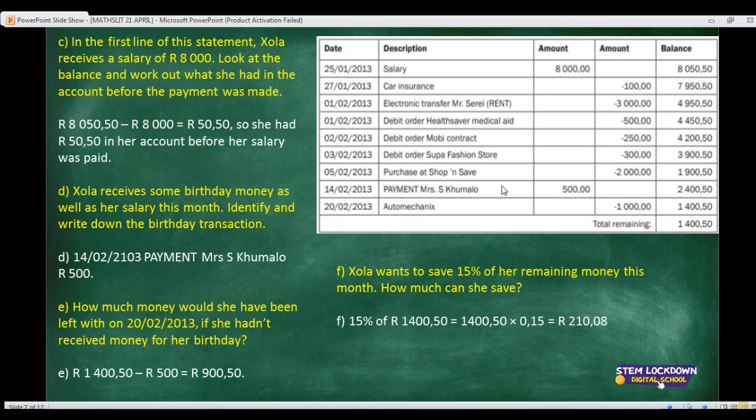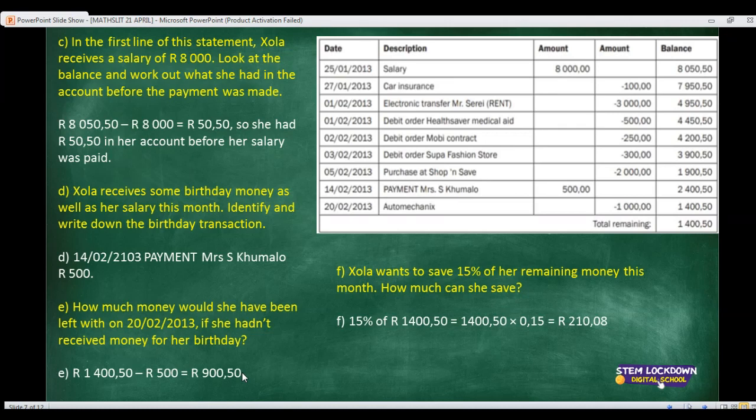How much would she have left at the end of the statement, which is the 20th? So from the closing balance, the 1,400 rands and 50 cents, we subtract that 500 rands. Then we see that had she not received the 500 rands birthday transaction, she would have been left with 900 rands and 50 cents.